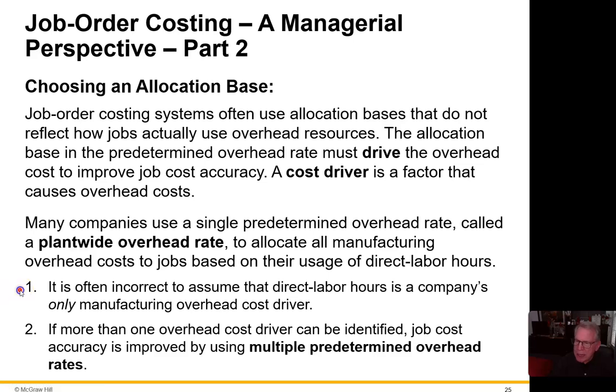Number one, it is often an incorrect assumption that direct labor hours is the company's only manufacturing overhead cost driver. And that is true. Number two, if more than one overhead cost driver can be identified, job cost accuracy can be improved by using multiple predetermined overhead rates.